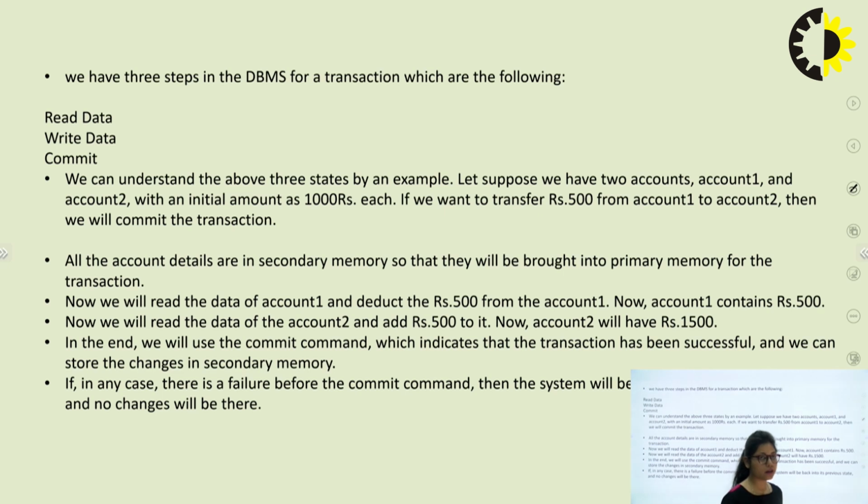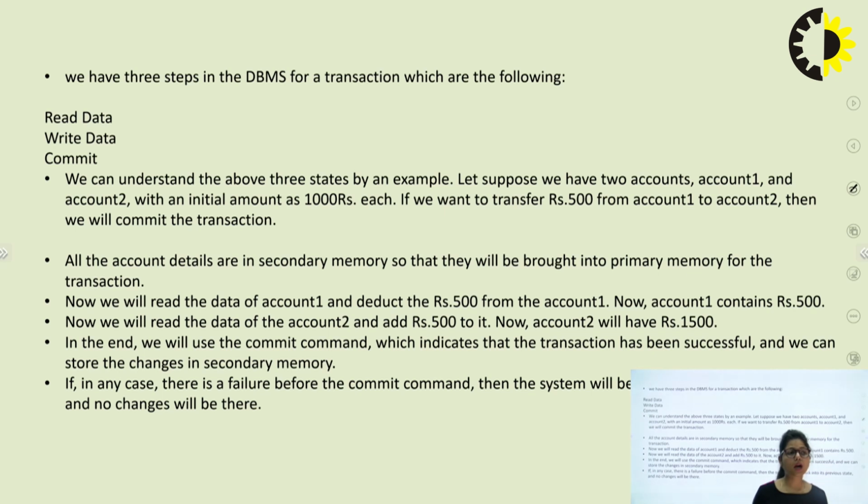We can understand this by an example. Let's suppose we have 2 accounts, account 1 and account 2, with an initial amount of 1000 rupees each. If we want to transfer 500 from one account to another, then we will commit the transaction.